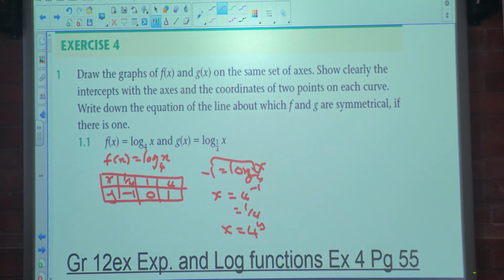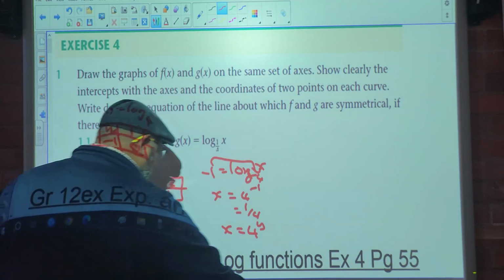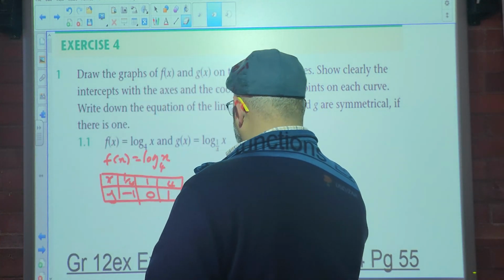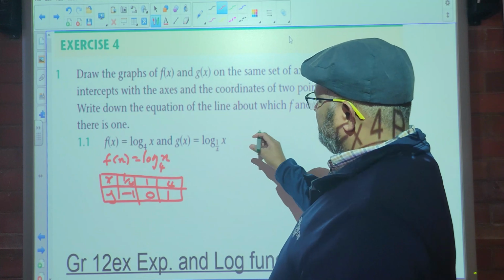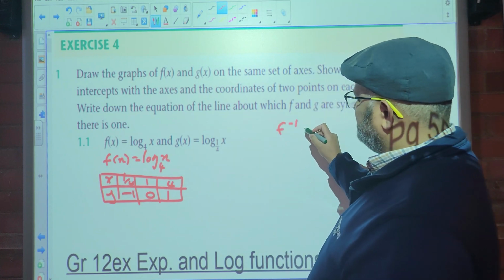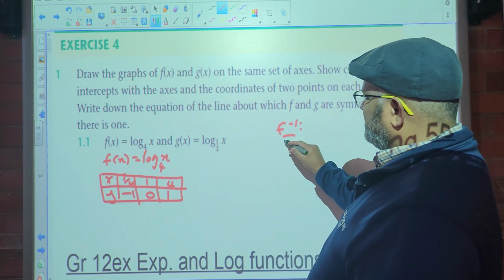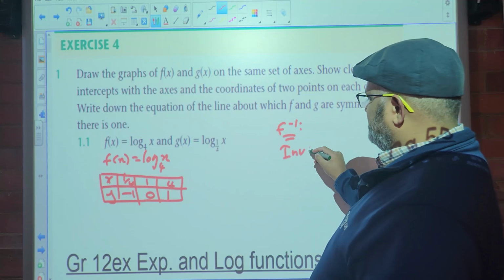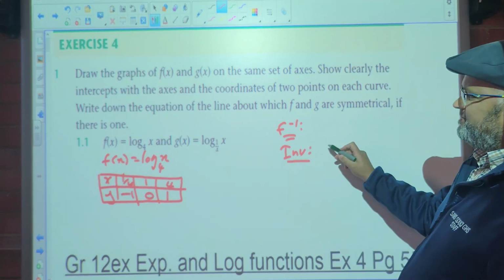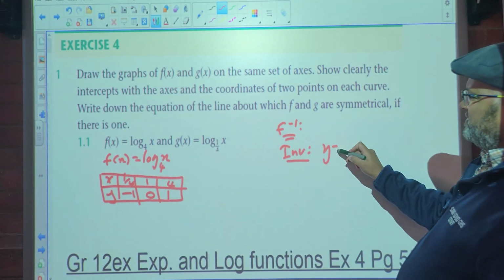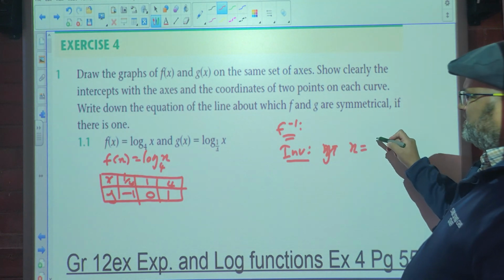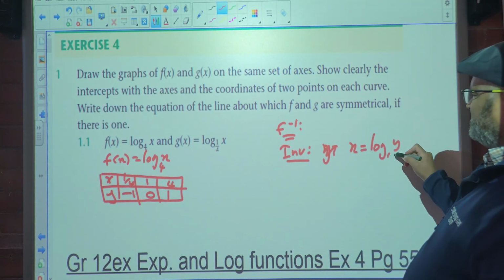Now say you didn't know that. What I would have suggested is, you first work out the inverse function. The inverse function gives you x is equal to log y base 4.